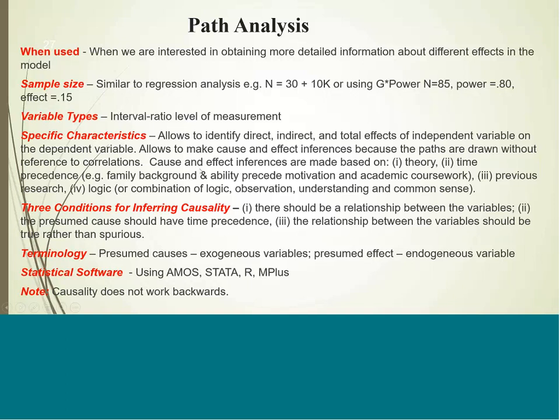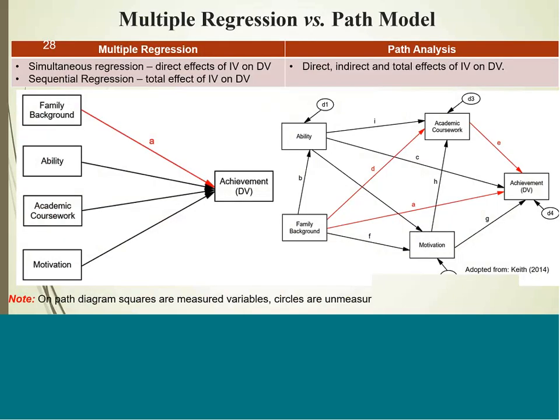Family background was an exogenous variable and didn't have a bubble. And presumed effects are endogenous variables, the ones to which arrows are directed. Definitely path analysis has an advantage over ANOVA and regression, because it tells more of a story than they do.